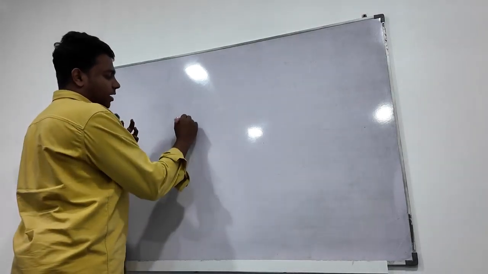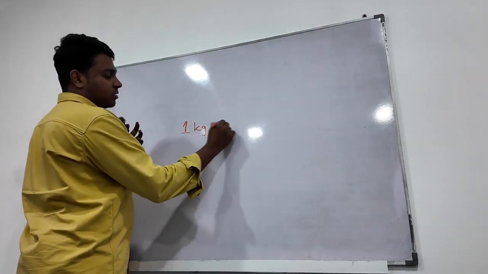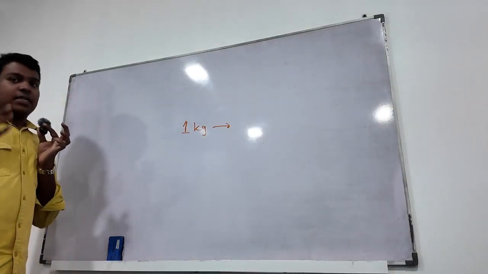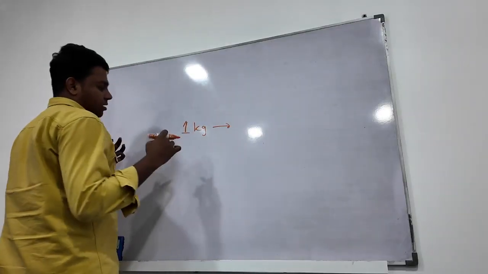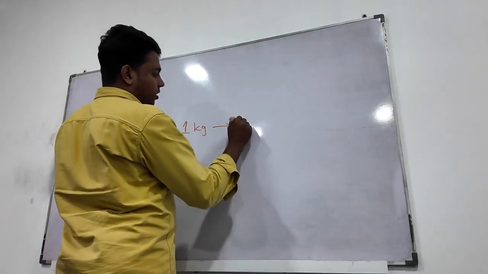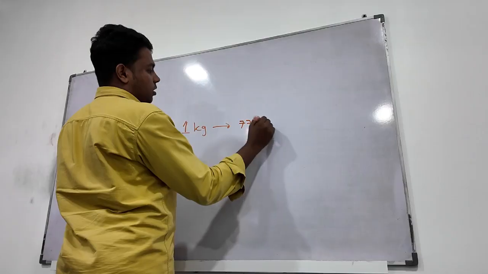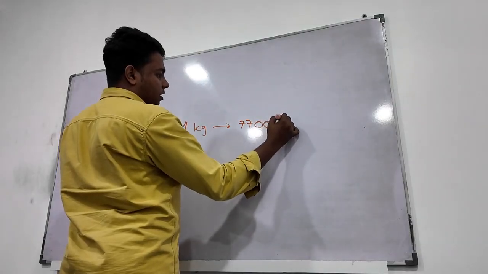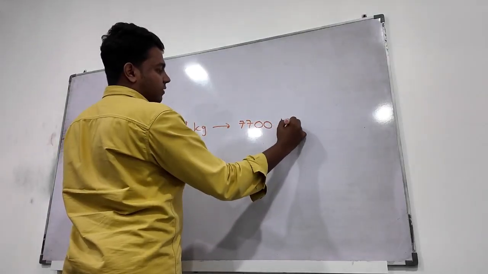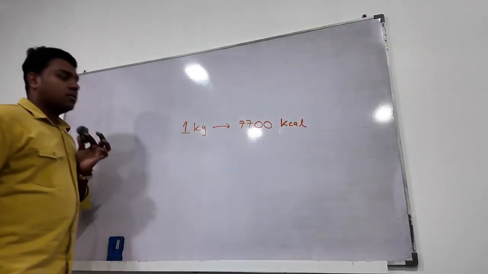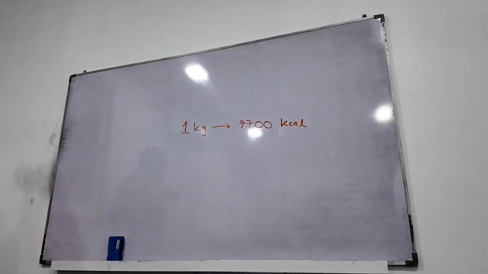And did you know, guys? If you want to gain or lose 1 kg, not muscle, not fat either, just weight, you have to go for a 7,700 calorie surplus or deficit.